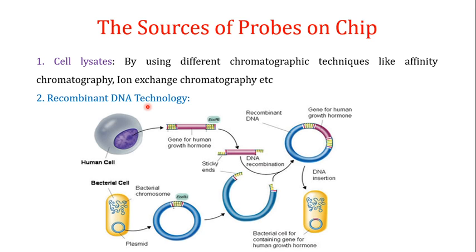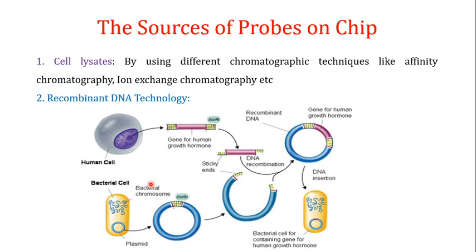This is a flow diagram of what is happening in recombinant DNA technology. For example, if you are interested in a protein which is a growth hormone, you isolate that particular gene from the human cells and cut it with restriction enzymes.